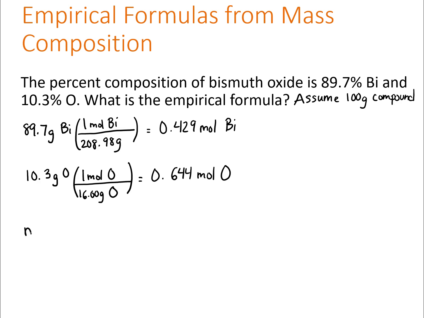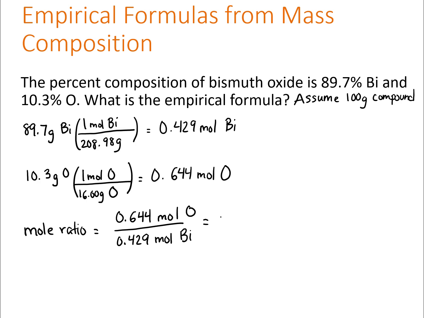Now we need to do that mole ratio. There's only 2 elements here. So we'll put the biggest one on top. That's the oxygen. And we'll divide by the smaller one. That's the bismuth.